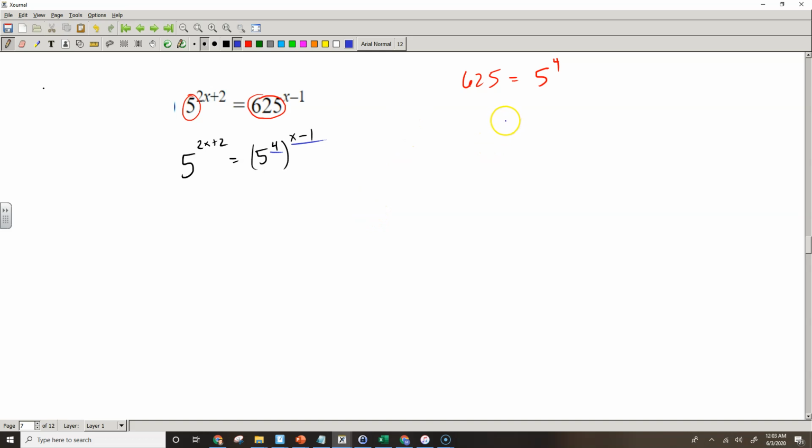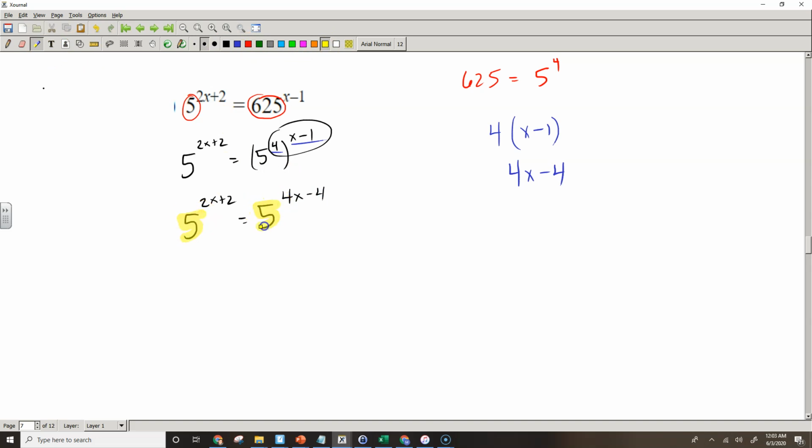Since those are next to each other, I need to multiply them using my exponent properties. So what's 4 times x minus 1? Well, that's 4x minus 4. Now my problem becomes 5 to the 2x plus 2 equals 5 to the 4x minus 4.